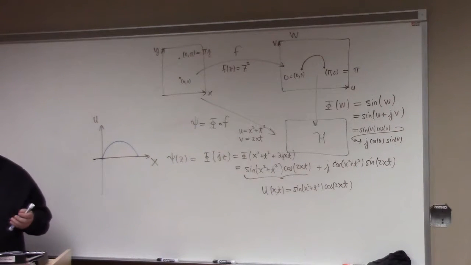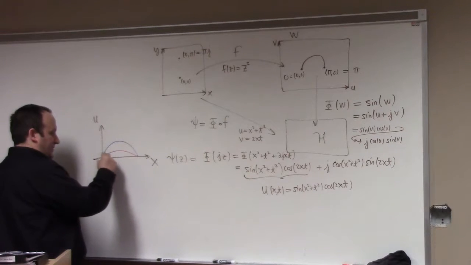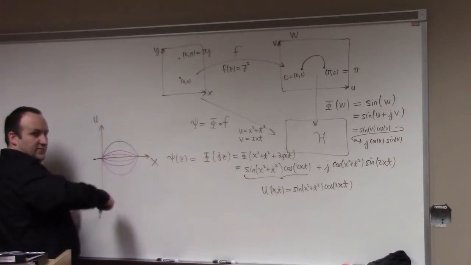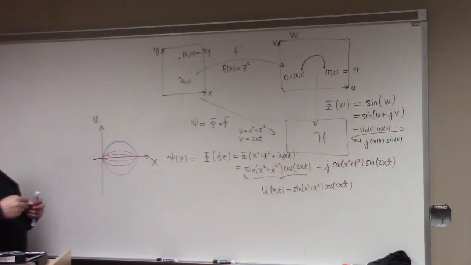And then if you let time progress, that becomes this, and then this, and then this, and then this. I mean, it goes wiggle. It pulses back and forth between those two.